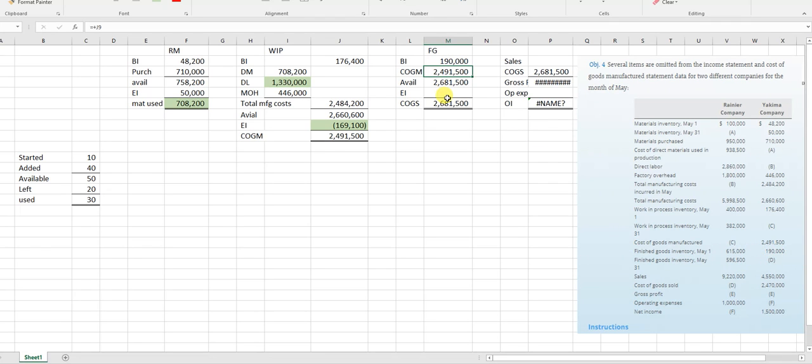I want my ending inventory. I don't have it yet, but sales are 4 million. Cost of goods sold is 2,470. So now I can back into my ending inventory. Again, it's either available, it's either sold or not sold, 211,500.